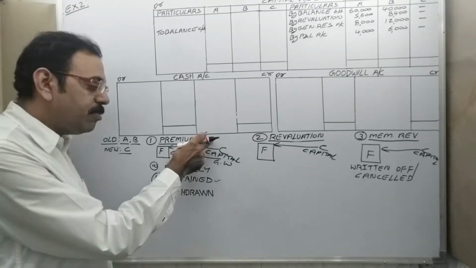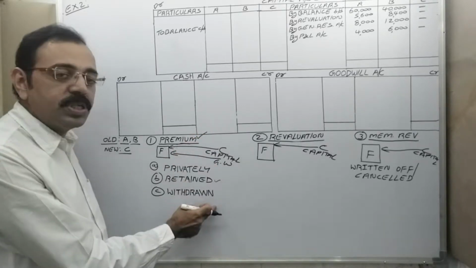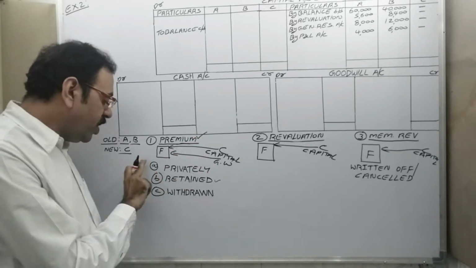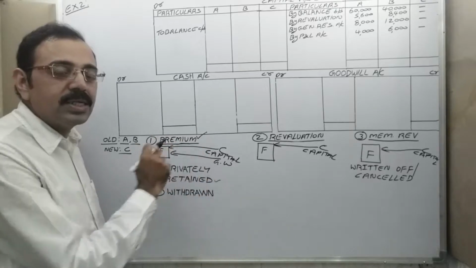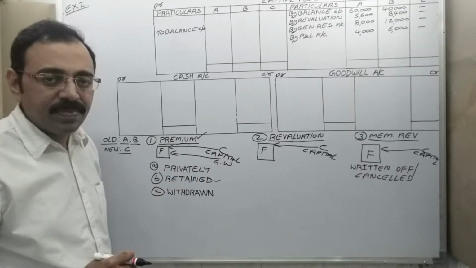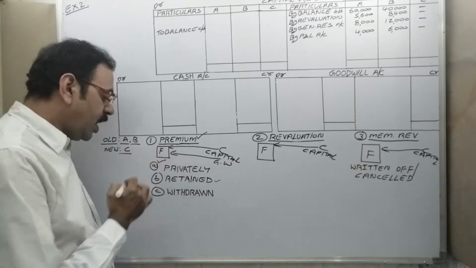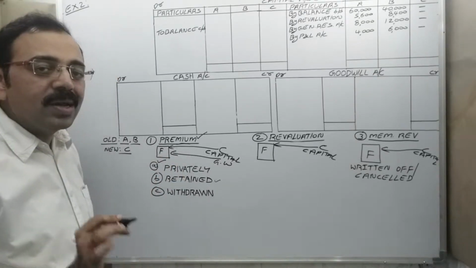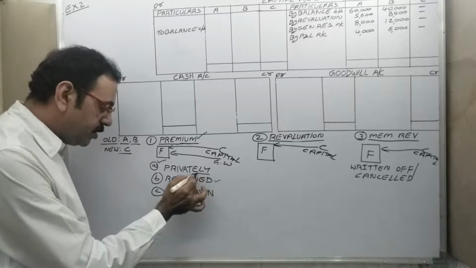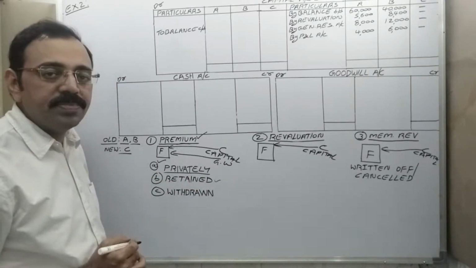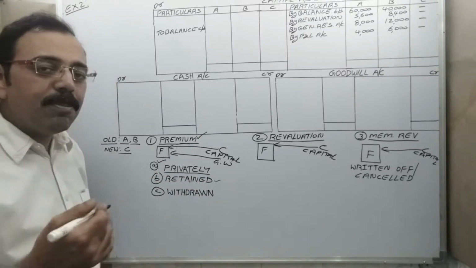If it is premium method, again we should observe according to which sub-method we should adjust the goodwill here. Then how to identify this? If it is premium A, then in the question clearly he gives this word, privately. One should recall our example 1.